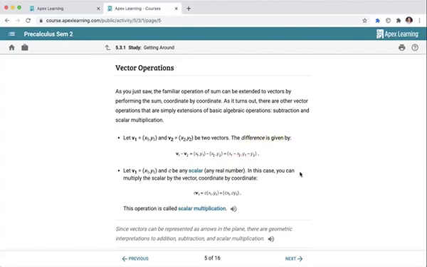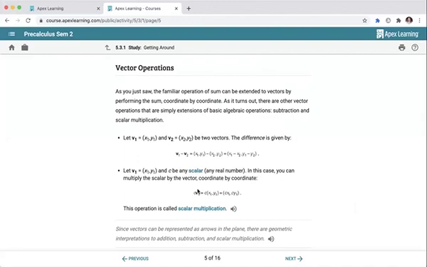Vectors can also be scaled, which means we can multiply them, and the scalar constant can be any real number. For example, if we have our plane and we want to scale that up by a factor of 3, you would just have a 3 out in front and you multiply both your X and your Y coordinates by that value.